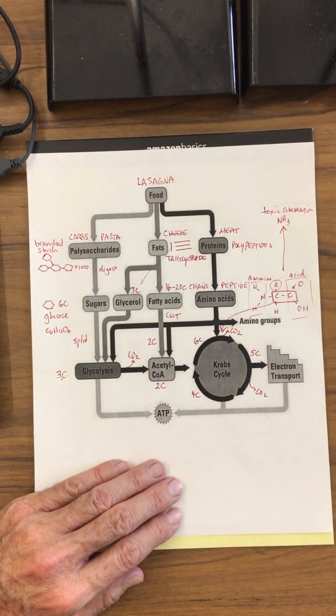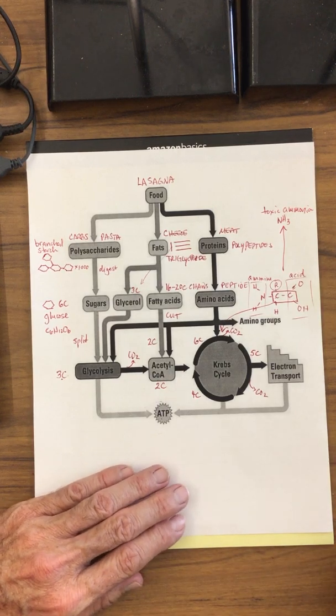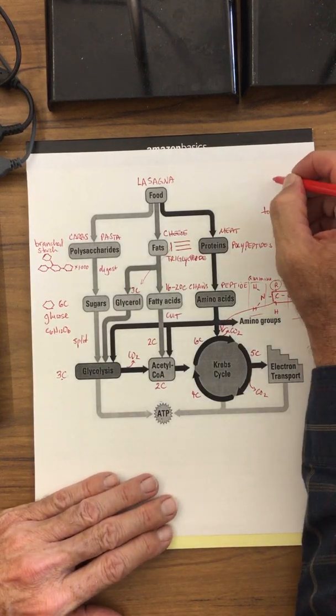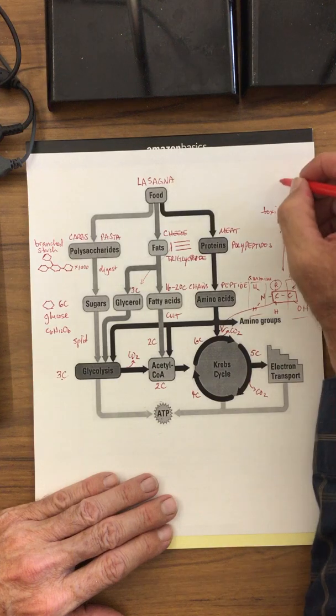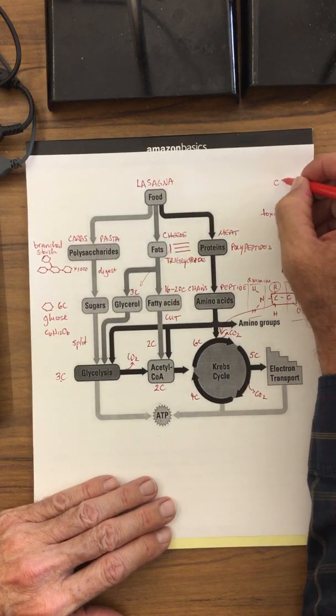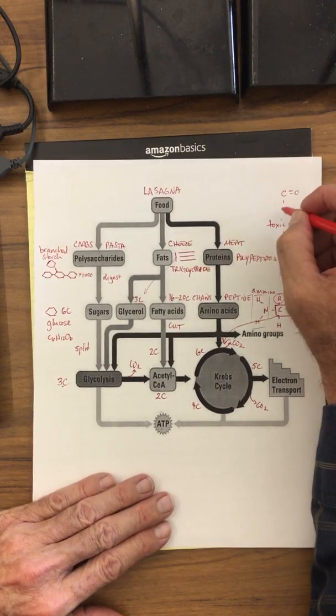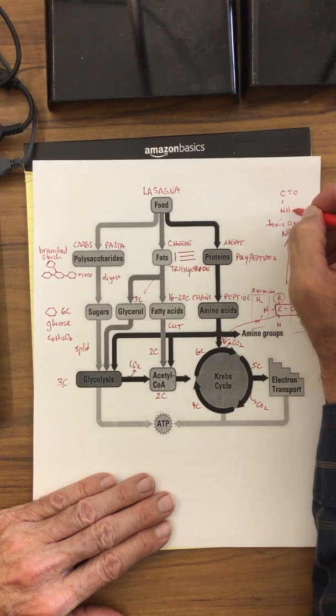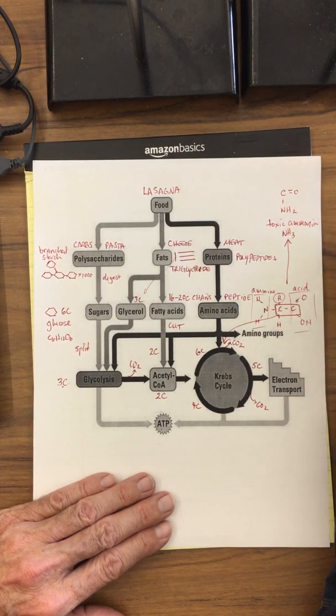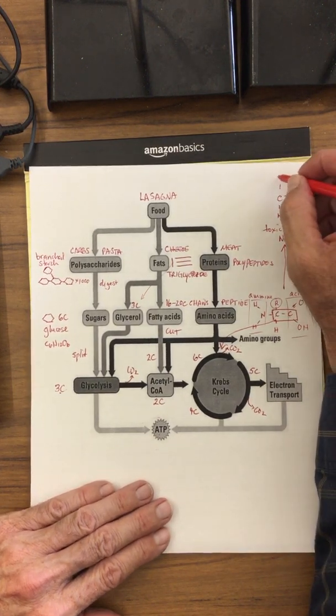So what our body does is it converts it into a less toxic material. It attaches the NH3 onto a carbon. And it looks like this. There's another one up here.